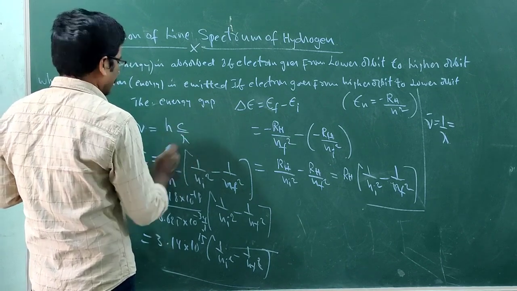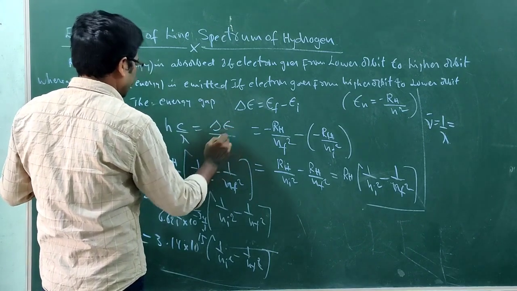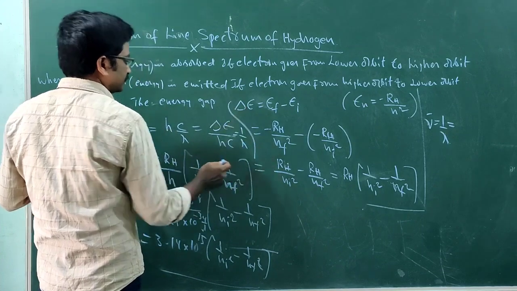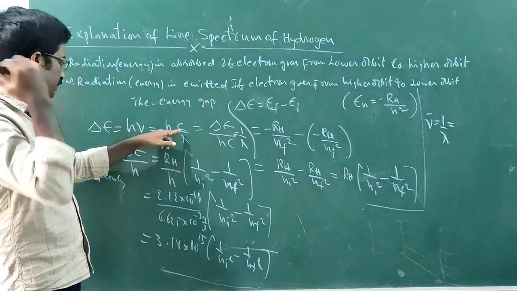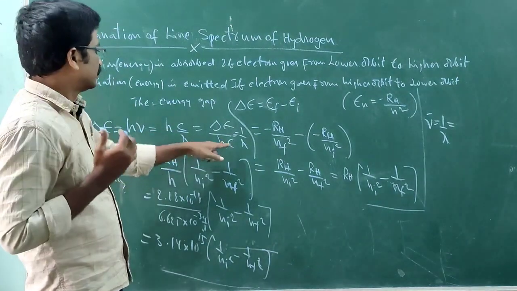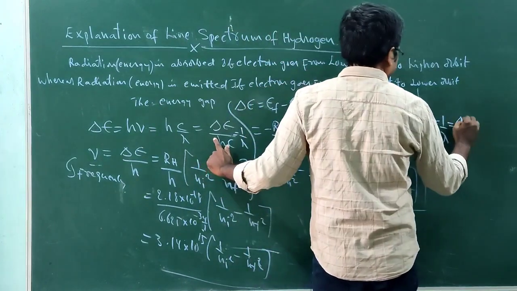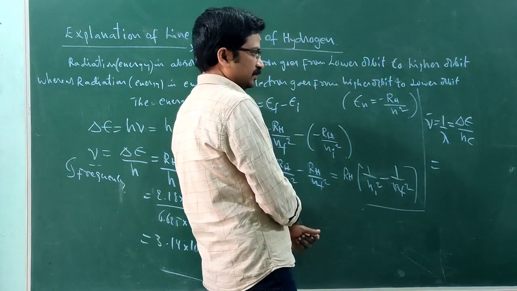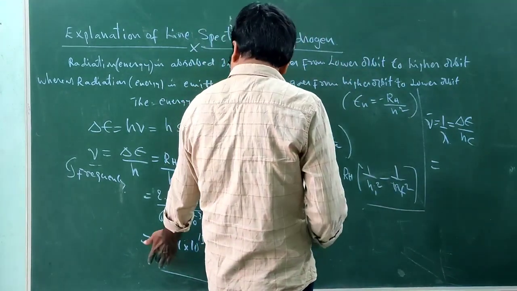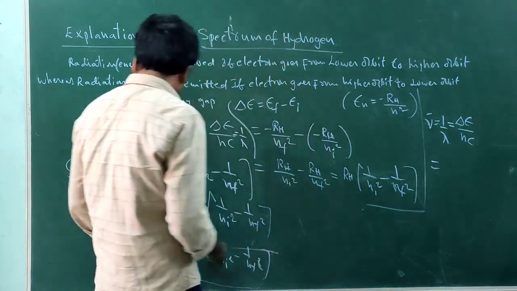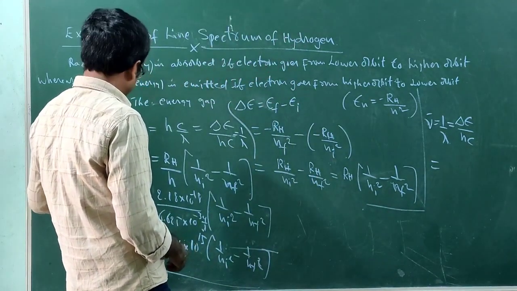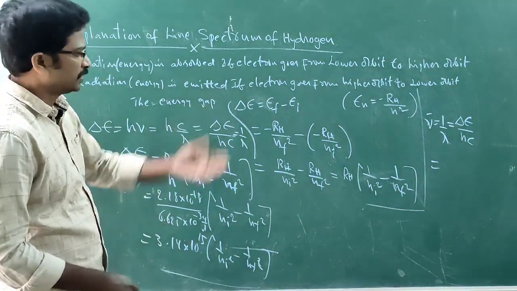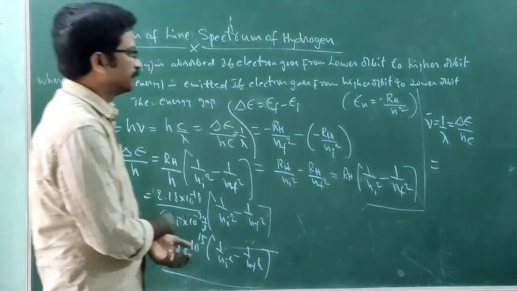E is equal to hc by lambda, so for getting 1 by lambda, you get del E by hc. Like that, 1 by lambda is equal to del E by hc. You may write like here. Del E by hc. This is del E by h value. By division with c, you can get the nu bar value.